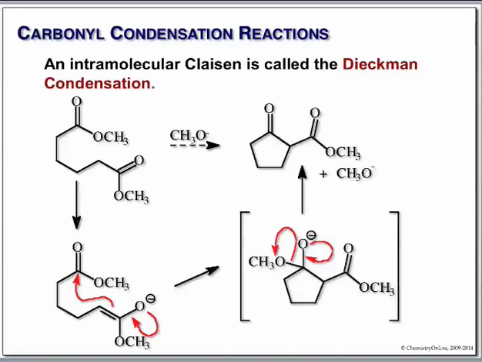And again, we wind up with a beta ketoester. It's just a specialized version of the Claisen. Sometimes on multiple choice tests especially, you'll see the Dieckmann condensation is nothing more than a Claisen that yields a ring.